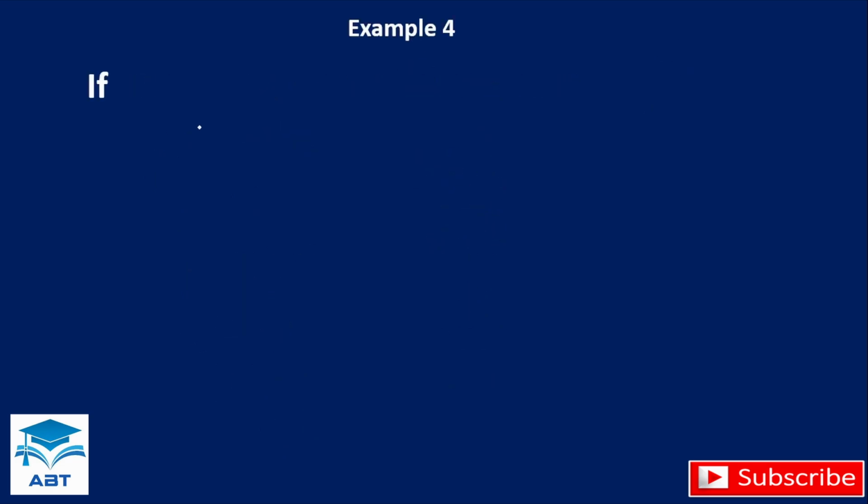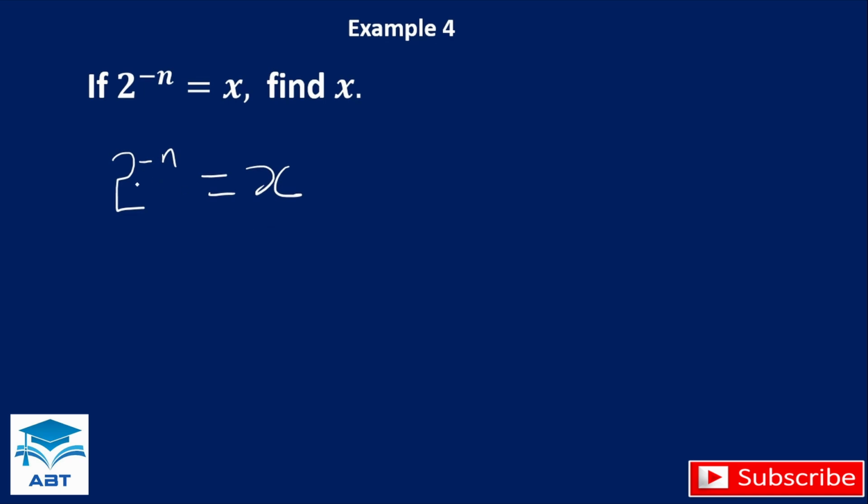Example 4. If 2 exponent negative n is equal to x, find x. We have 2 exponent negative n is equal to x. 2 exponent negative n can be written as 2 exponent negative n over 1.